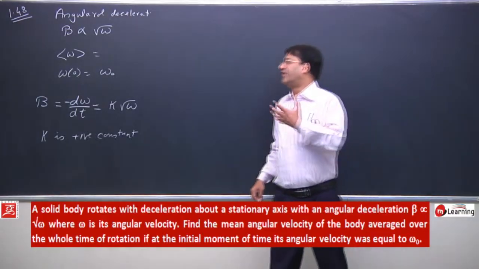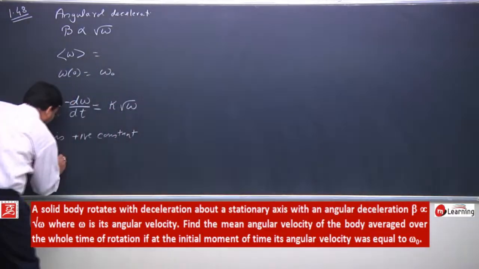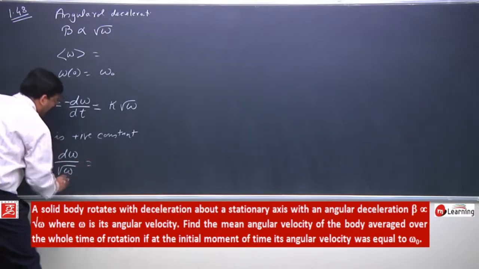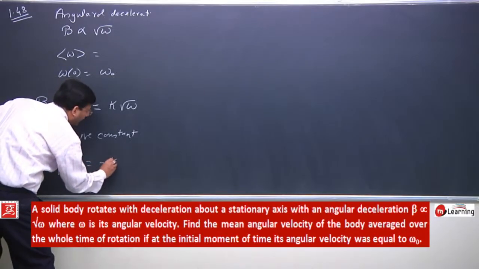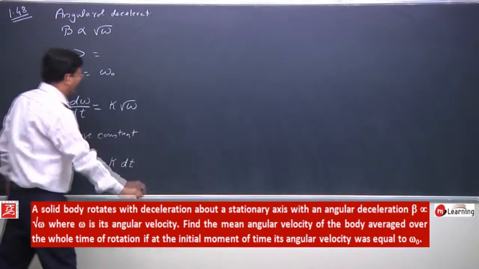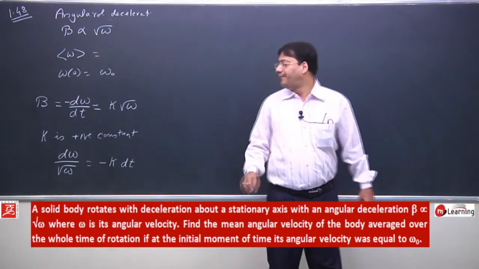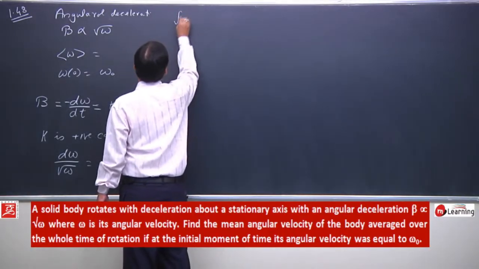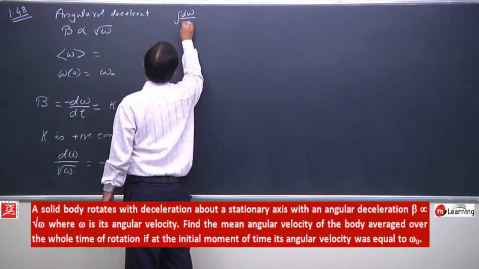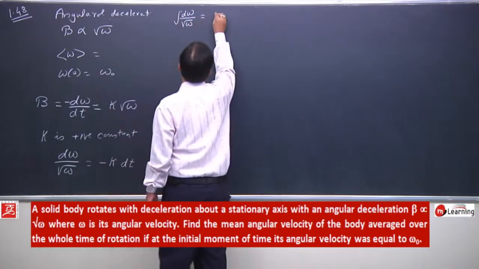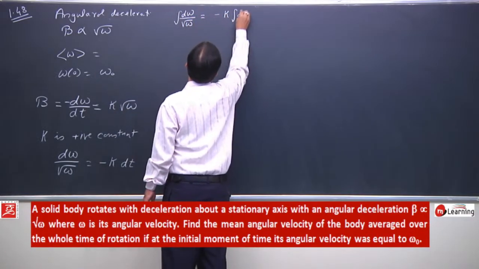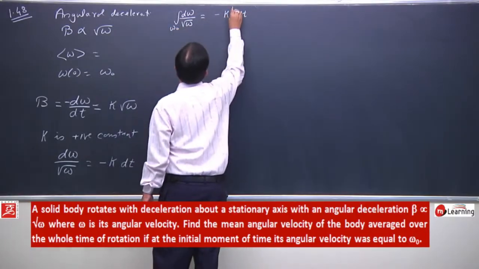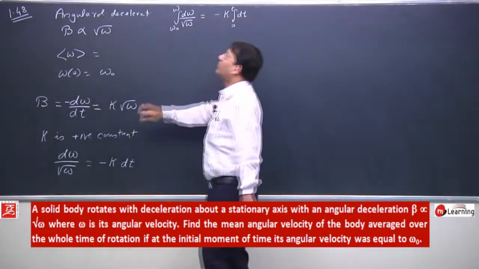I need to solve this differential equation. In order to solve this, I will rearrange it like this: d omega by root of omega is equal to minus k dt. And now I integrate it on both the sides. Integral of d omega by root omega is equal to minus k integral of dt. At 0 time, angular velocity is omega naught. At any time t, angular velocity is omega.